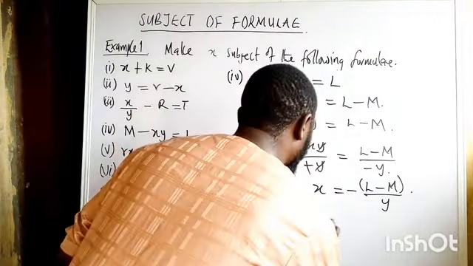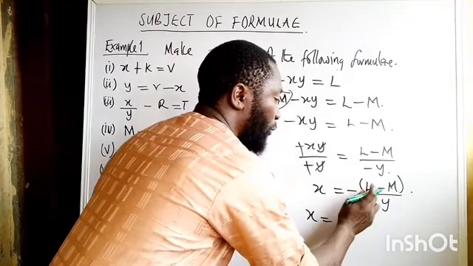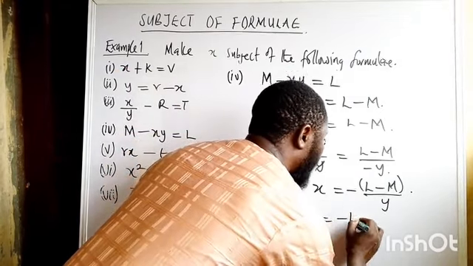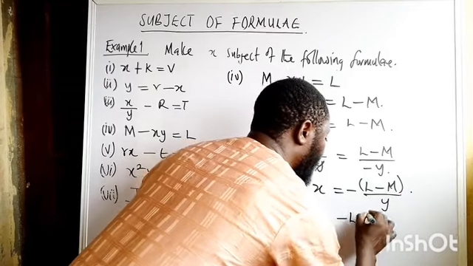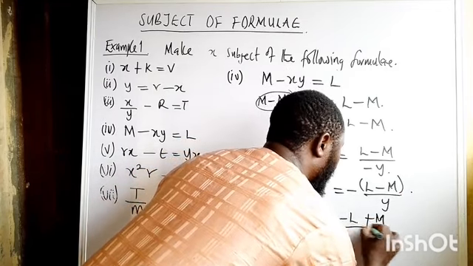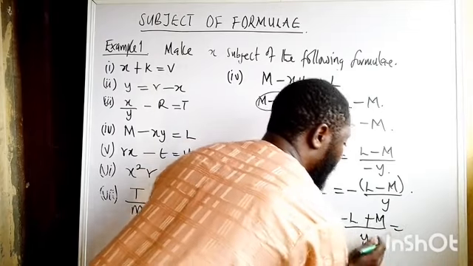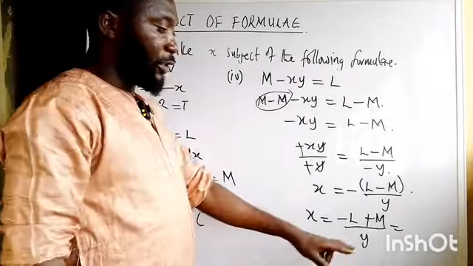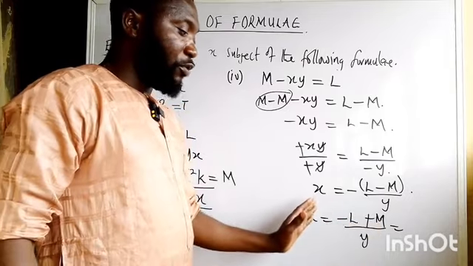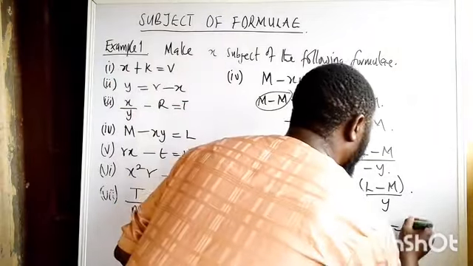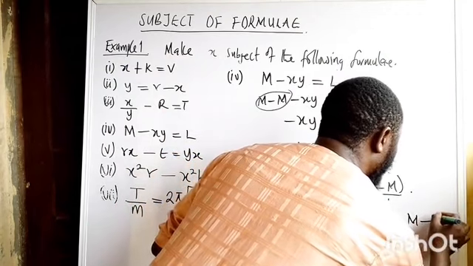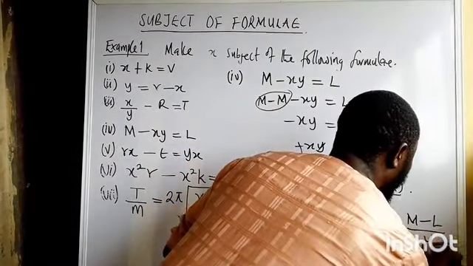When you do that, you have x equals negative multiplied by L, that is negative L, negative multiplied by negative m, that is plus m, over y. So you rearrange this so that the positive term comes before the negative. So you have m minus L over y.